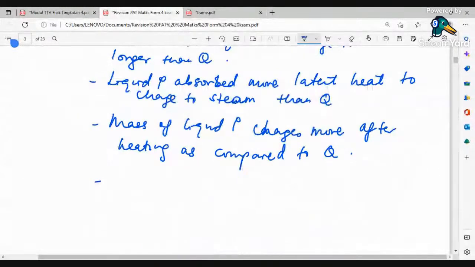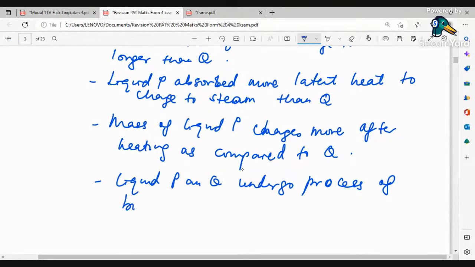Okay, mark yang kelima, you kena state konsep. Liquid P and Q undergo process to change to steam.